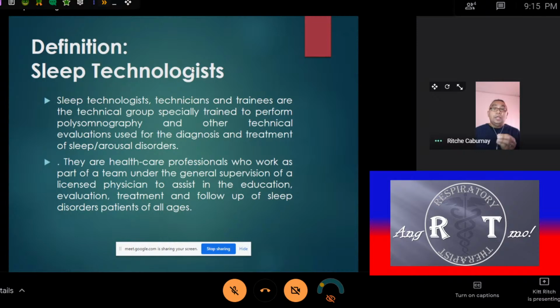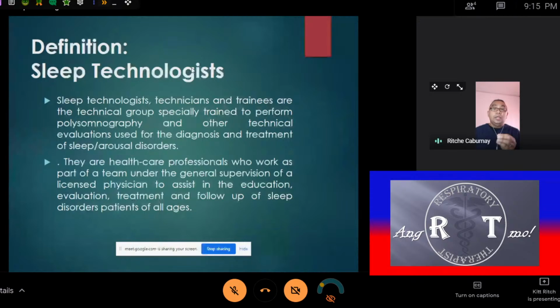Remember that when you're performing polysomnography, you're not only dealing with adult patients, you are also dealing with pediatric patients. So there is training for both adult and pediatric polysomnography, and you will experience that when you encounter them in the sleep labs.